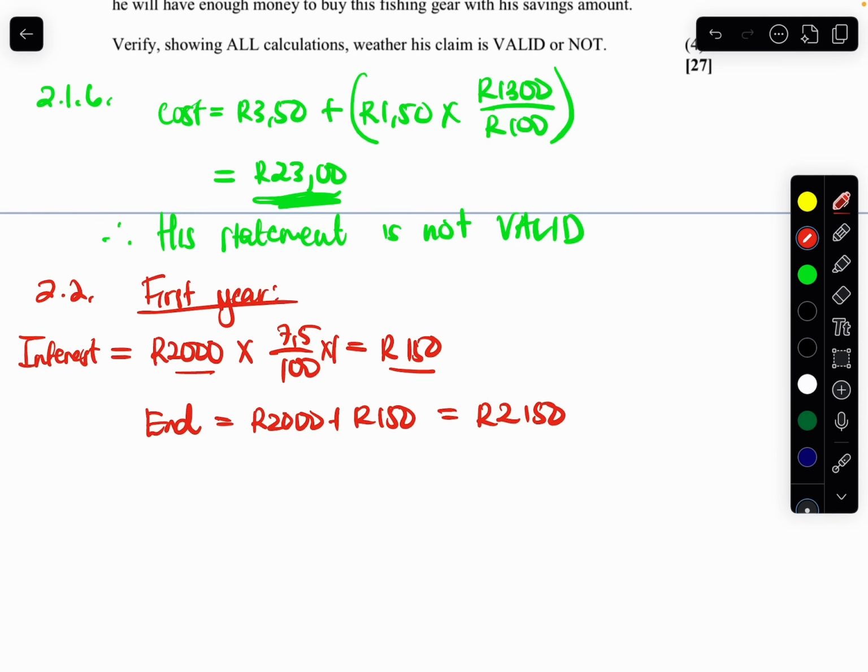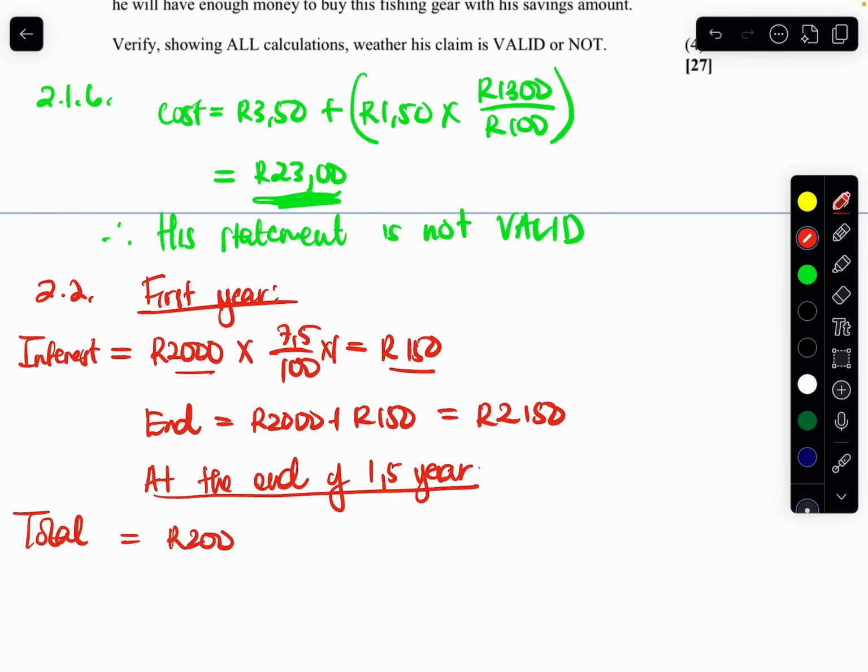But what we're interested in is the end of 1.5 years. So we calculate the total, right? We take the principal, which is the 2,000, plus the interest per year, and we times the interest per year by 1.5.